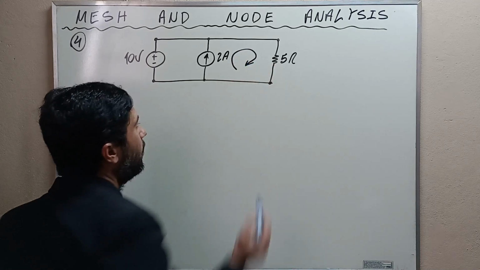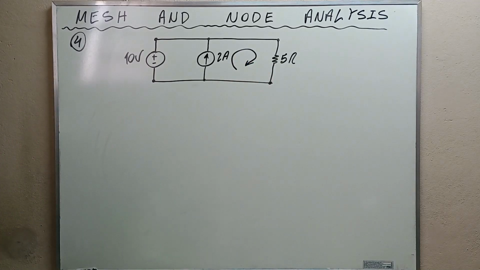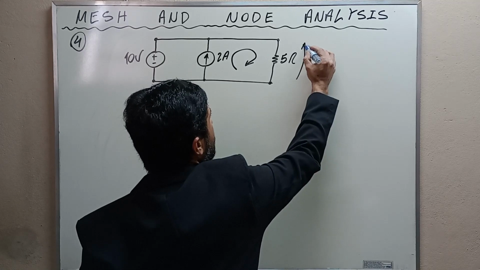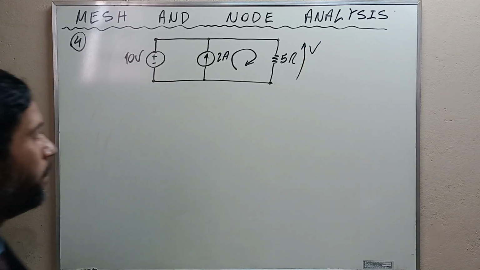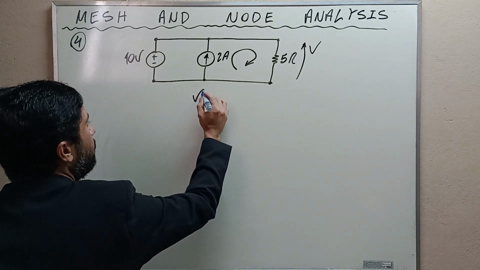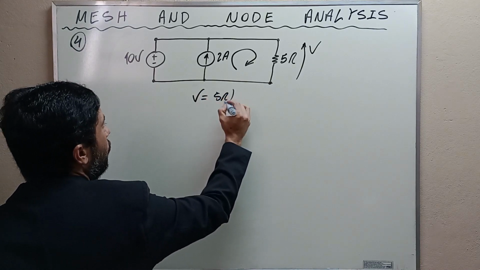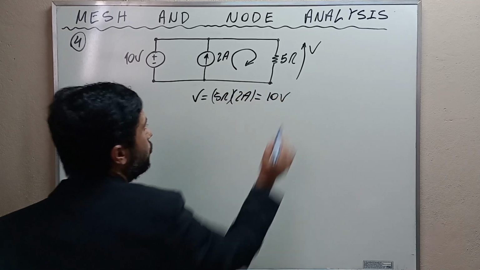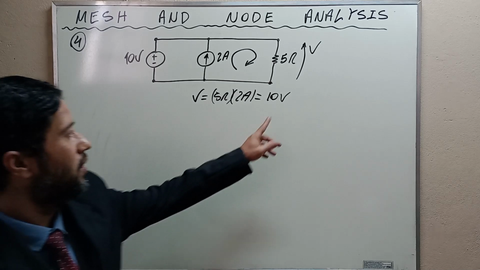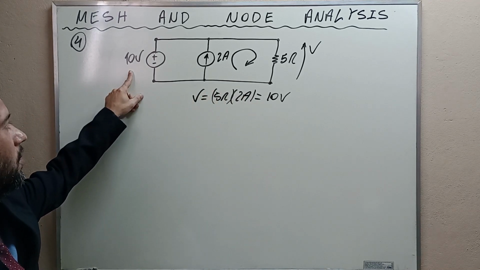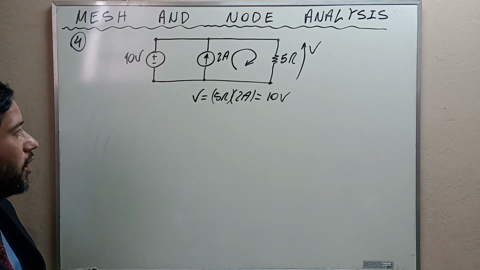Okay, the current of the current source is going to flow through the resistor, and it is going to cause a voltage drop here, and the value of the voltage drop is V equal to 5 ohms times 2 amps, and this is equal to 10 volts, and these 10 volts precisely matches the voltage of the voltage source.